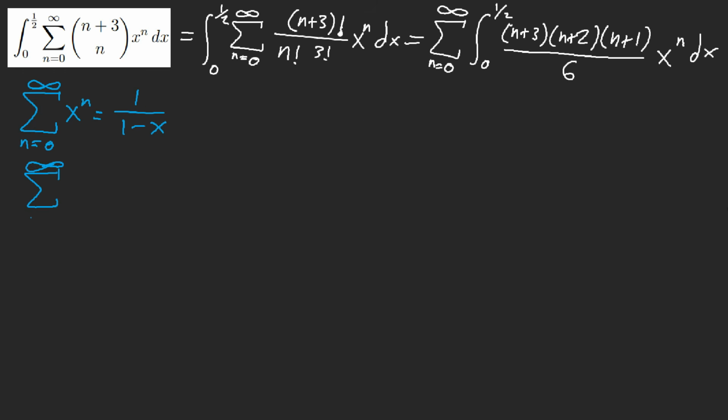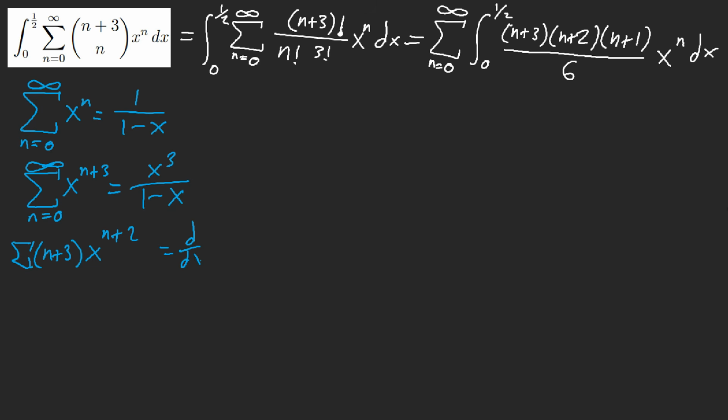So we technically have x to the power of n plus 3, and this gives us x cubed over 1 minus x. And if we derive it, we get (n plus 3) x to the n plus 2, whatever the sum is. I'm too lazy to write the whole thing out, but you get the idea.